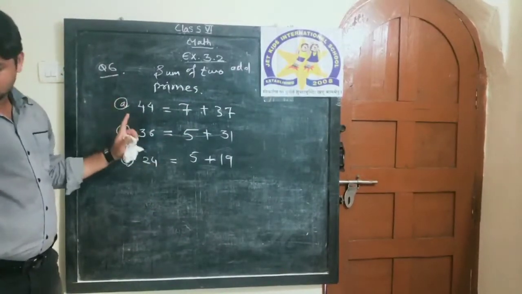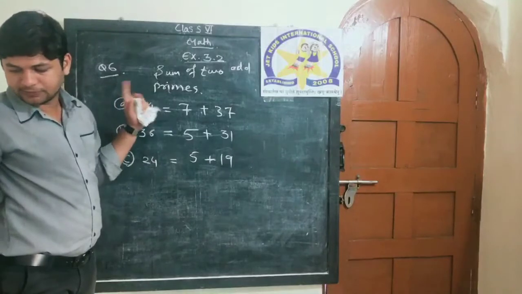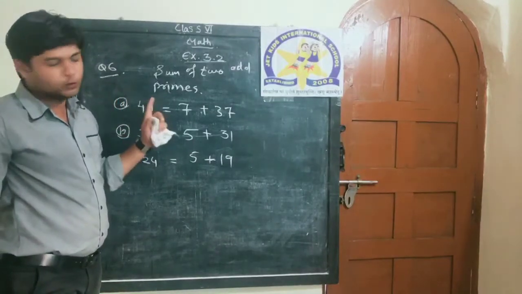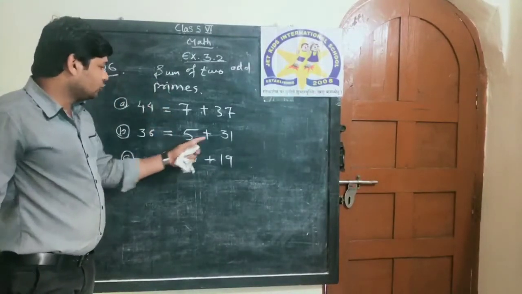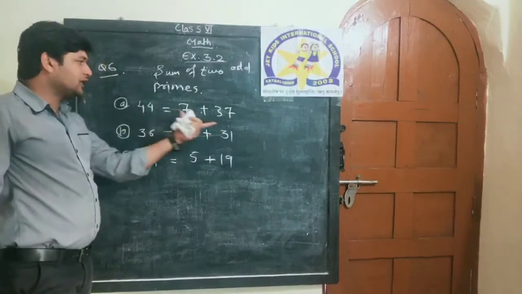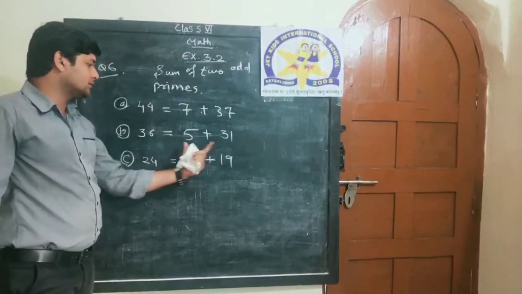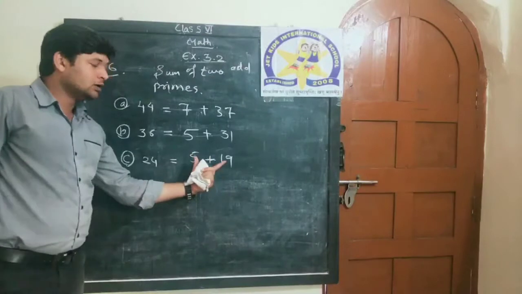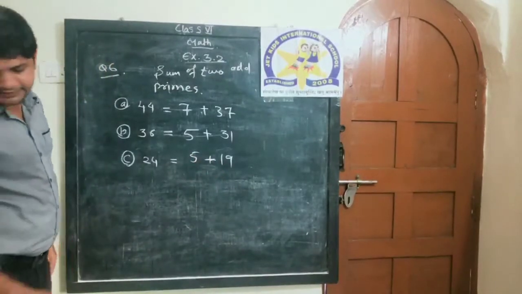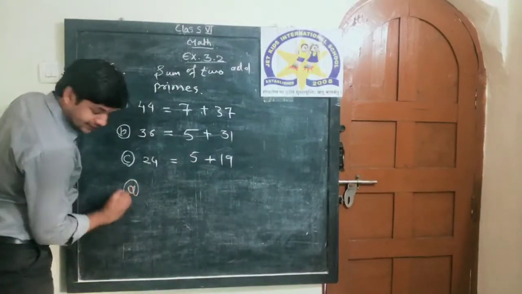Always remember the question: express the following as the sum of two primes. You need to express this 44 as a sum of 2 primes, 36 as a sum of 2 primes, 24 as a sum of 2 prime numbers. And next is D, that is 18.